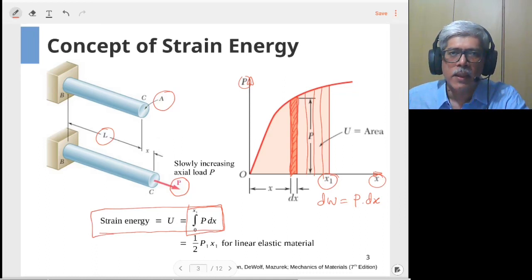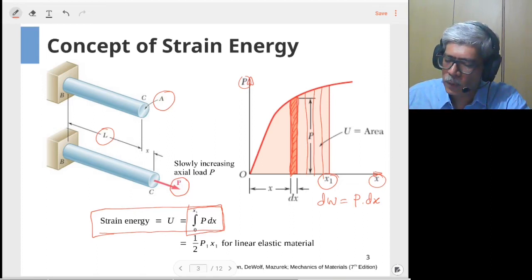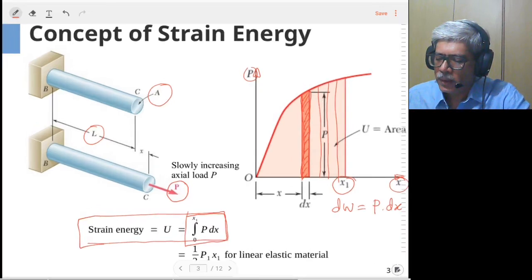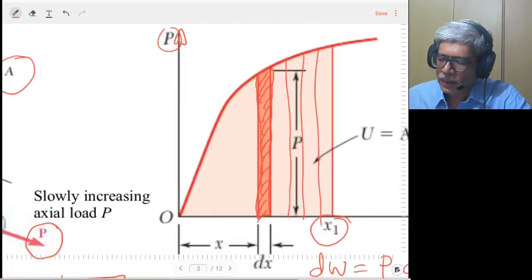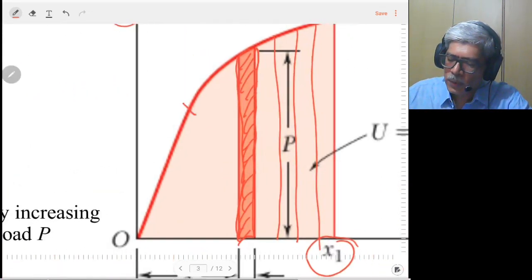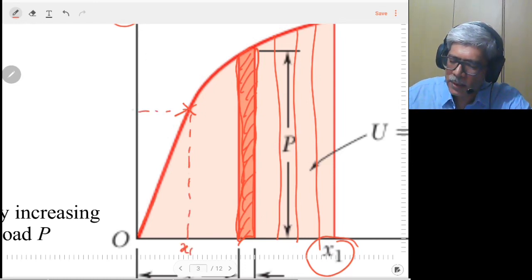If the body is linear elastic, in that case your load displacement line will be a straight line. So your load displacement line would be simply limited to the straight line portion of this graph. Let's assume that the body has elongated by displacement x1, and at that instant the load is P1.